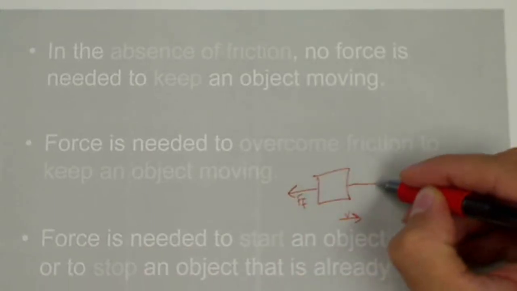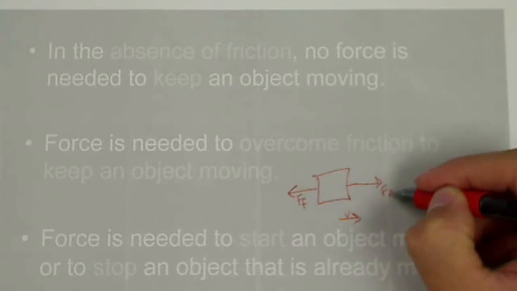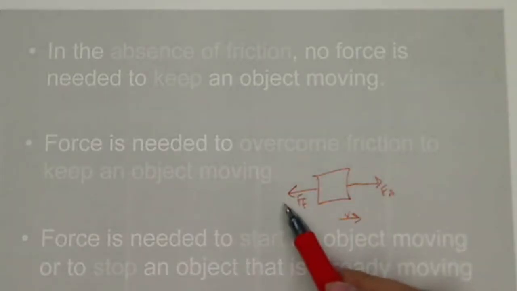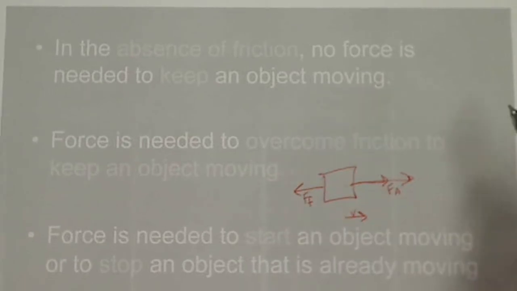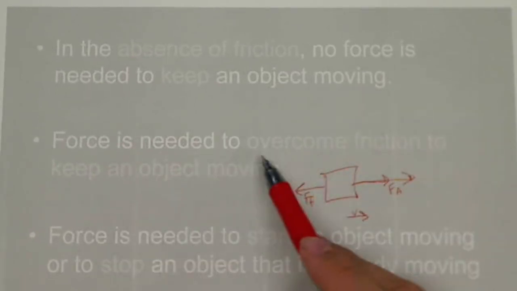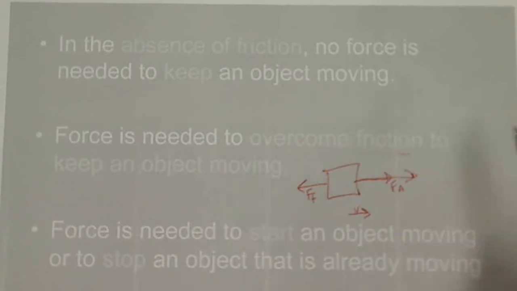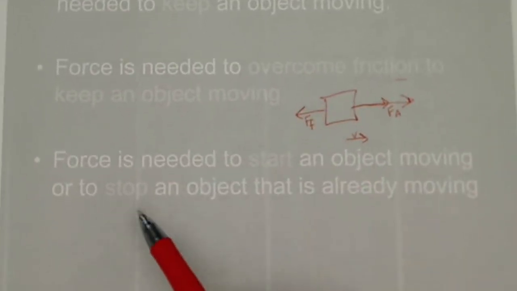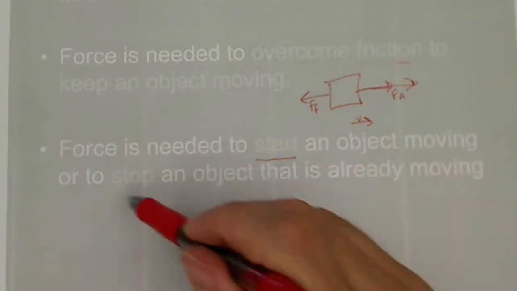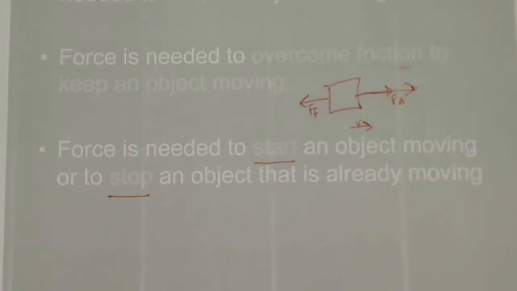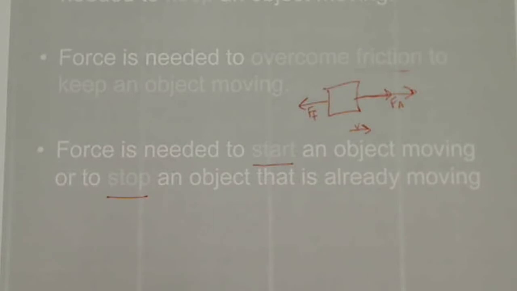The engine only has to be strong enough to apply the force to overcome friction. If the engine was stronger than friction, we'd actually be accelerating. But if we just need to keep moving, we only need enough to overcome the friction. Which means forces are only needed to start an object moving or to stop an object moving. If we don't have friction, then we don't need force to keep it moving.